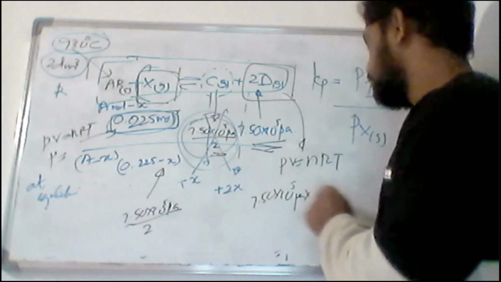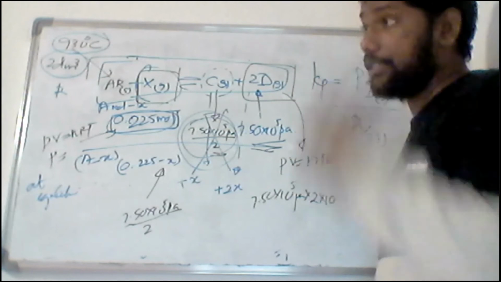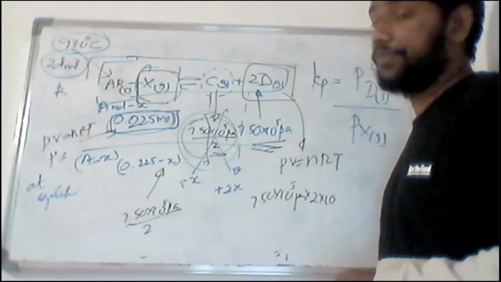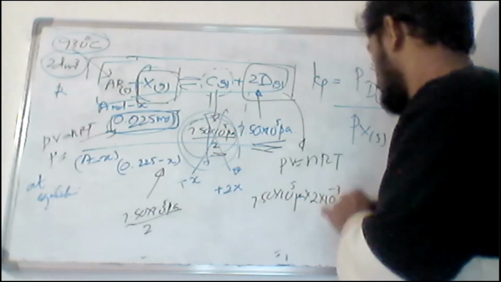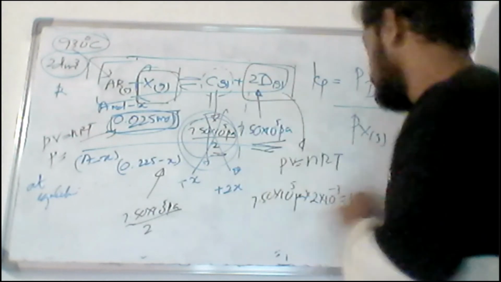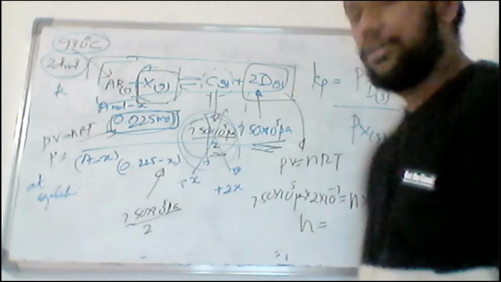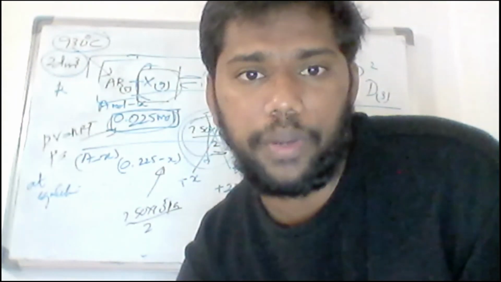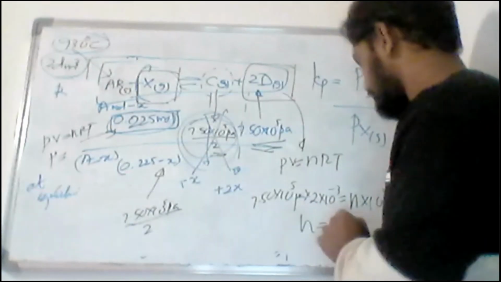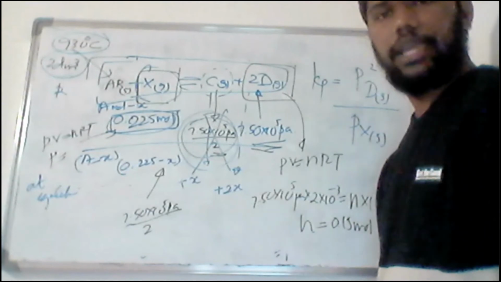Volume is 2 decimeter cubed, so you need to convert that into meter cube, so 10 to the power -3. You need to know the number of moles of D. RT is 10 to the power 4. So when you calculate n, you will find this n is equal to 0.15 moles.